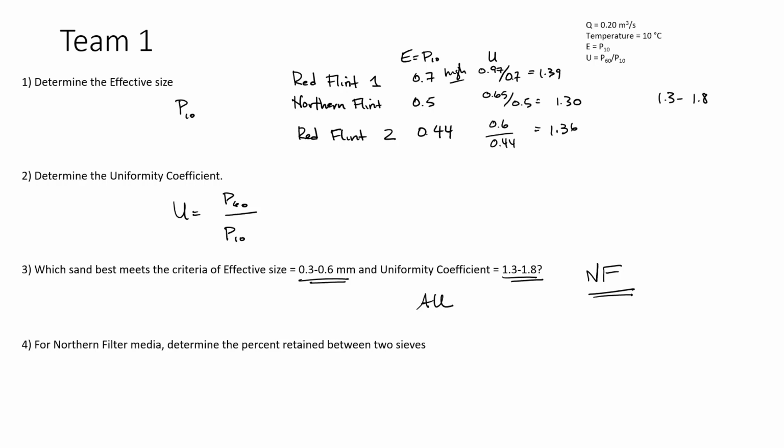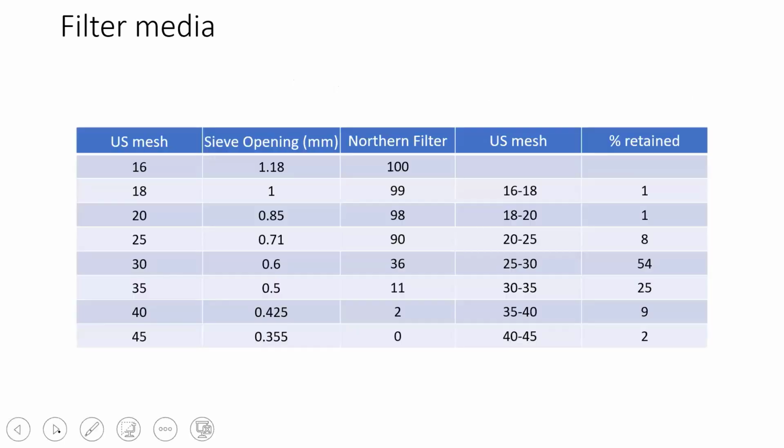So the next thing we need to do is to determine the percent retained between two sieves. We're now looking at between the two adjacent sieves. When we do the sieve analysis, we have a series of sieves from the largest to the smallest.